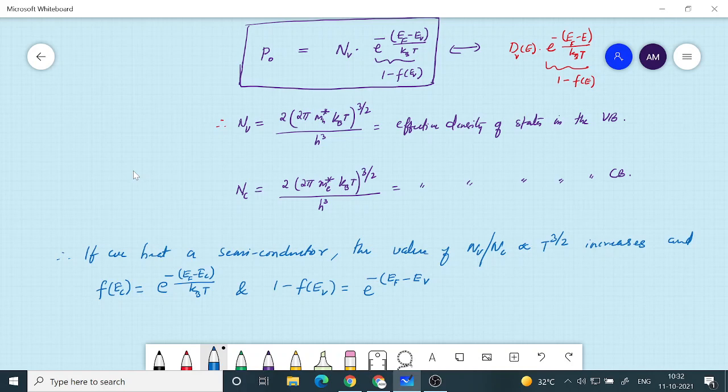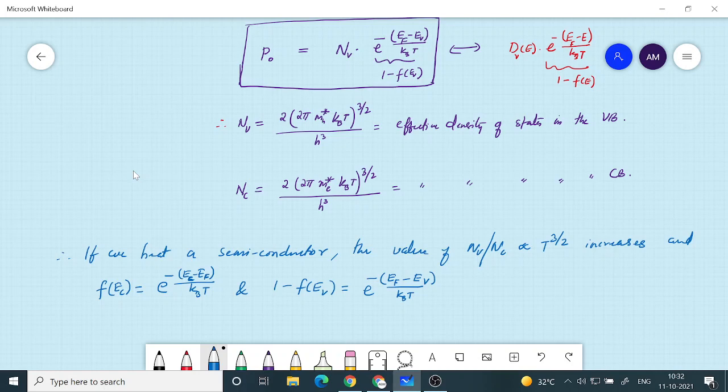Okay, I think here it is Ec minus EF. Yeah, so this is Ec minus EF for the conduction band, f of Ec, and 1 minus f of Ev is EF minus Ev over kBT. These also increase.